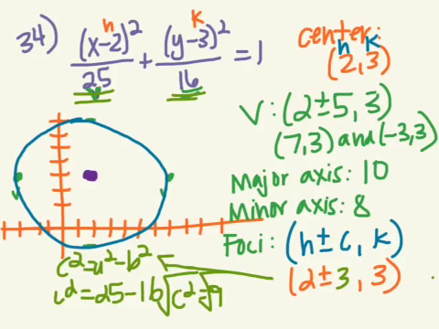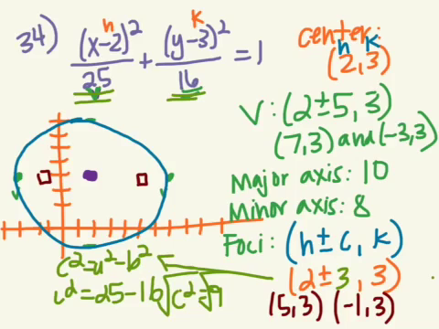Since that ends up being a whole number, we can actually get the ordered pairs for those foci, which is pretty rare. Our foci are going to be at the points 5, 3, as well as negative 1, 3. So 5, 3, if I go back to 1, 2, 3, 4, 5 on my beautiful drawing, you're going to have a focus there, and then at negative 1, 3.